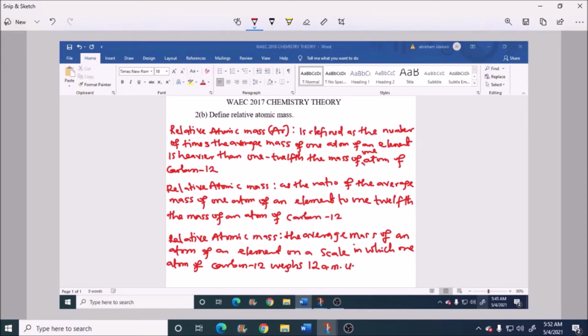So you can still have relative atomic mass defined as the average mass of an atom of an element on a scale in which one atom of carbon 12 weighs 12 mU.